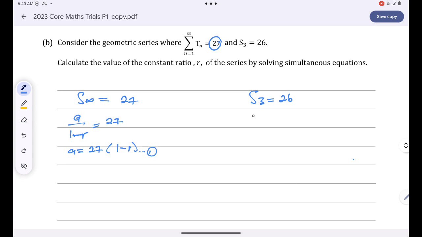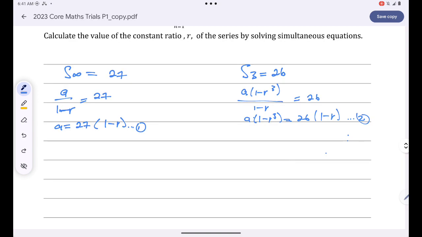Over here, guys, I can simply say a, and then I have 1 minus r to the power 3, because I have 3 terms, right? All over 1 minus r. This is just equal to 26. That means a multiplied by 1 minus r cubed is just equal to 26 multiplied by 1 minus r. This is my second equation, guys.